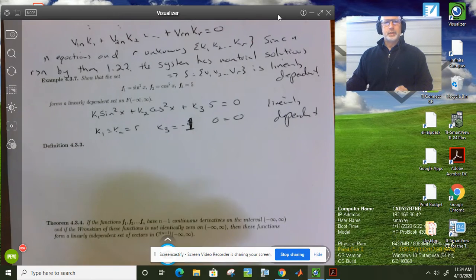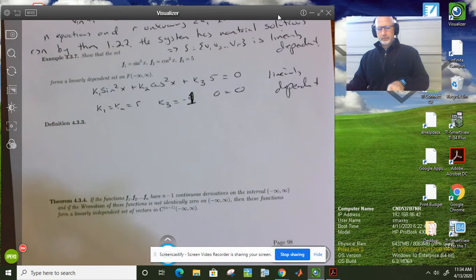Okay, definition 4.3.3. Some of you will really like this, some others not.